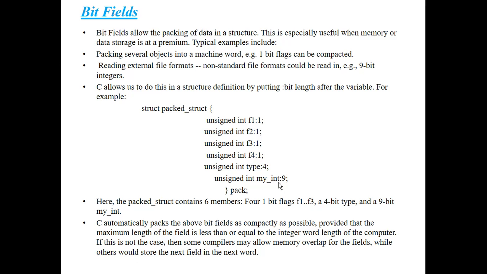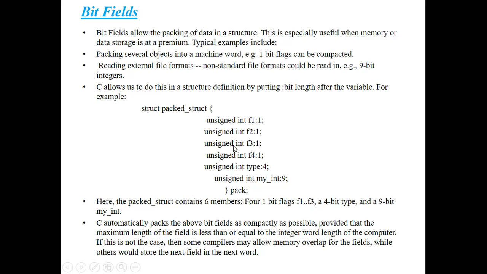So bit fields allow us to pack different types of data in a structure, whether it may be 1-bit flags or non-standard file formats, whatever the data. Here, packed struct is my structure name.